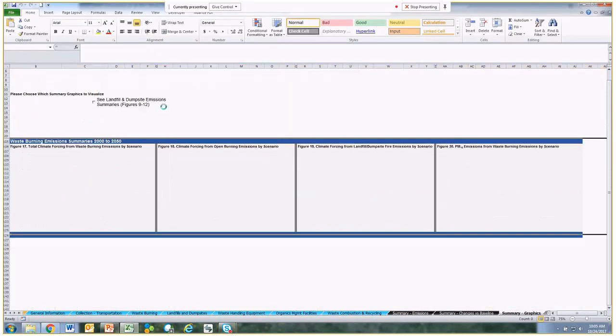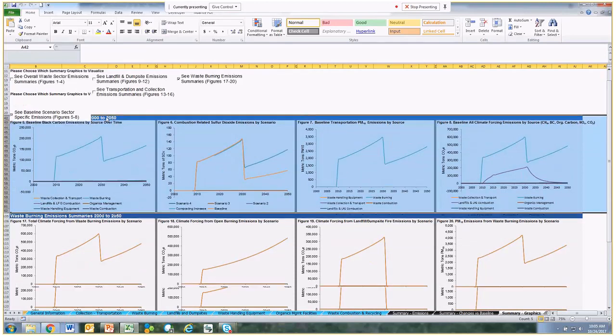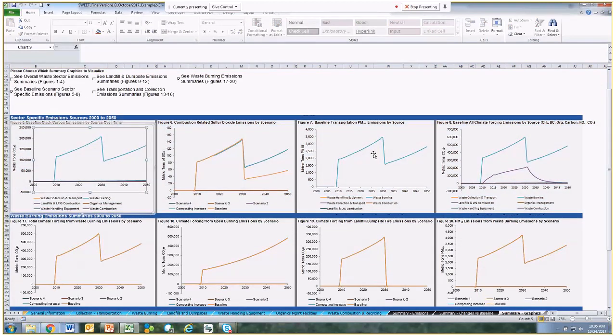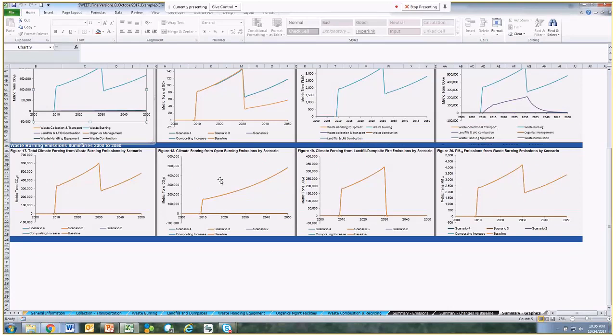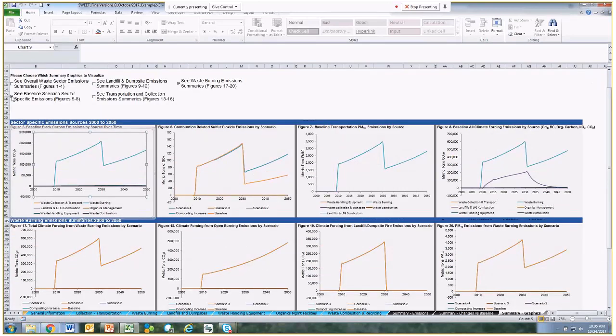So for example, if you just want to see, let's see, black carbon, PM. Oh, those are burning. Sorry, I shouldn't have gone into this. I wasn't ready.